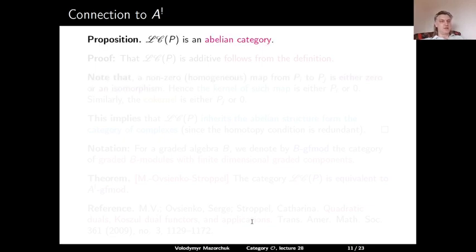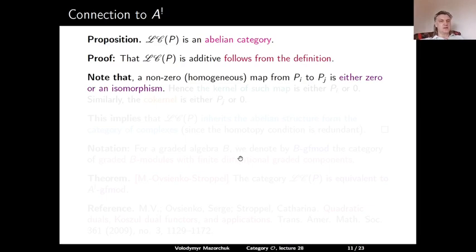First of all, let us note that the category of linear complexes of projective modules is an abelian category. Indeed, this category is additive for the obvious reasons. Now, let us note that if we have a homogeneous map from Pi to Pj, such a map is either 0 if i and j are different, or is an isomorphism if i and j are the same.